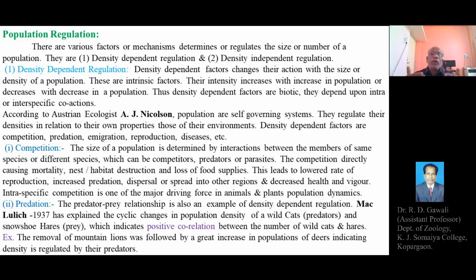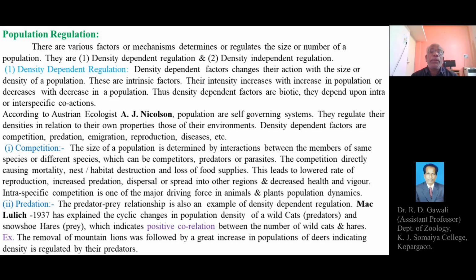So the actions or co-actions of the organisms in a particular area or in a population, the interspecific or intraspecific organisms, they show their actions or co-actions which are occurring between the interspecific or intraspecific organisms.